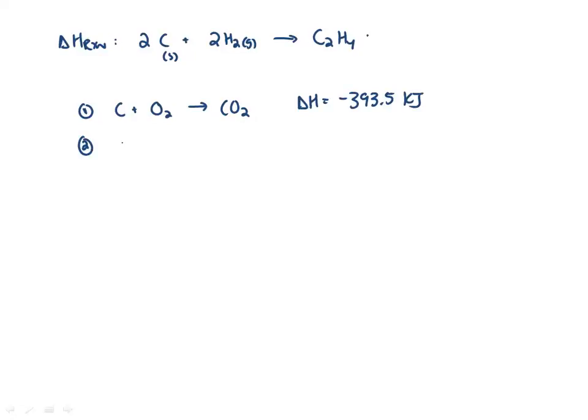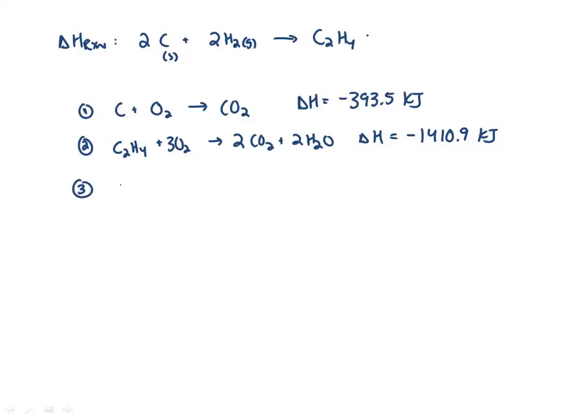We have reaction 2 that's C2H4 plus 3O2 goes to 2CO2 plus 2H2O. That really is simply delta H of combustion because that's a combustion reaction. We know that that's minus 1410.9 kilojoules.